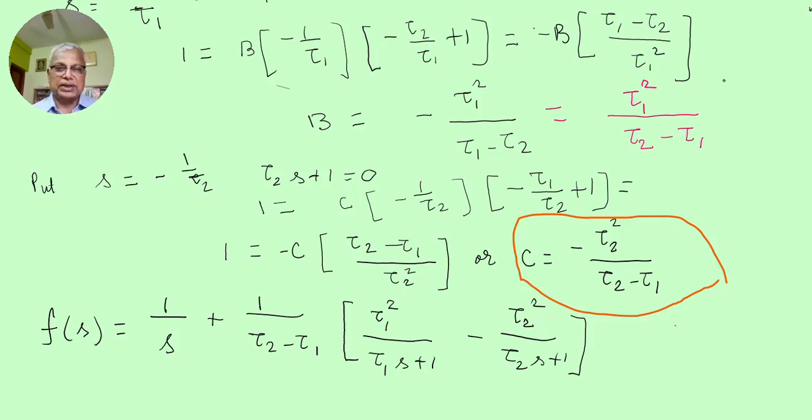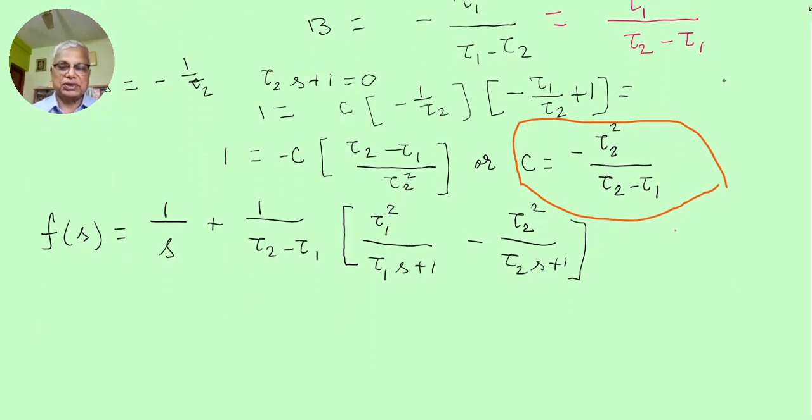Now we have to find the inverse Laplace of this. Let me rearrange this: 1 by s as such, and 1 by tau 2 minus tau 1, because it will be easier to take the inverse Laplace when rearranged in such a way.